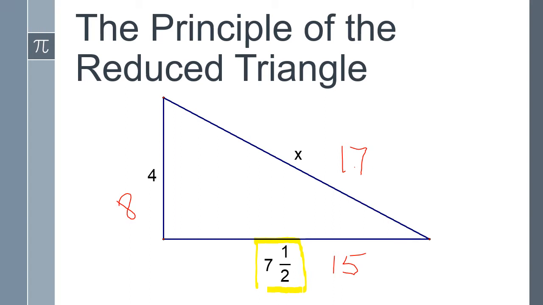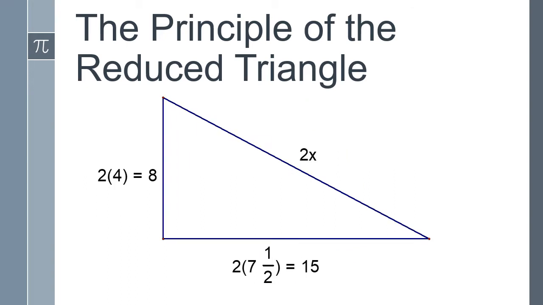Since we doubled to get the ratio, to get the actual length we divide 17 by 2, which is 8 1/2. And we can see that here: 2 times 4 equals 8, 2 times 7.5 equals 15, and 2 times x would equal 17. And then we can just go from there.